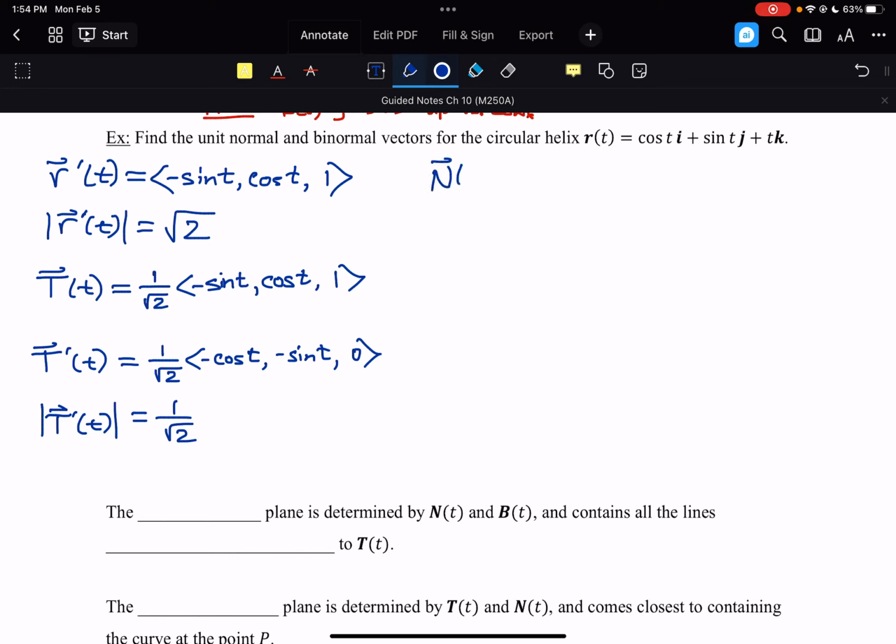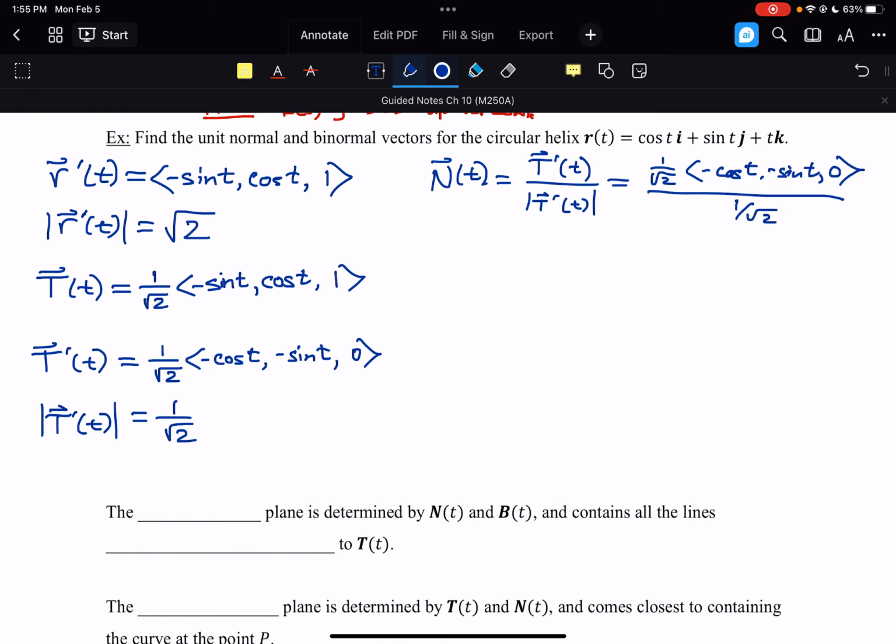So our unit normal, which is T prime over the length of T prime, is 1 over root 2 times negative cosine, negative sine, and 0, over its own length, 1 over root 2.